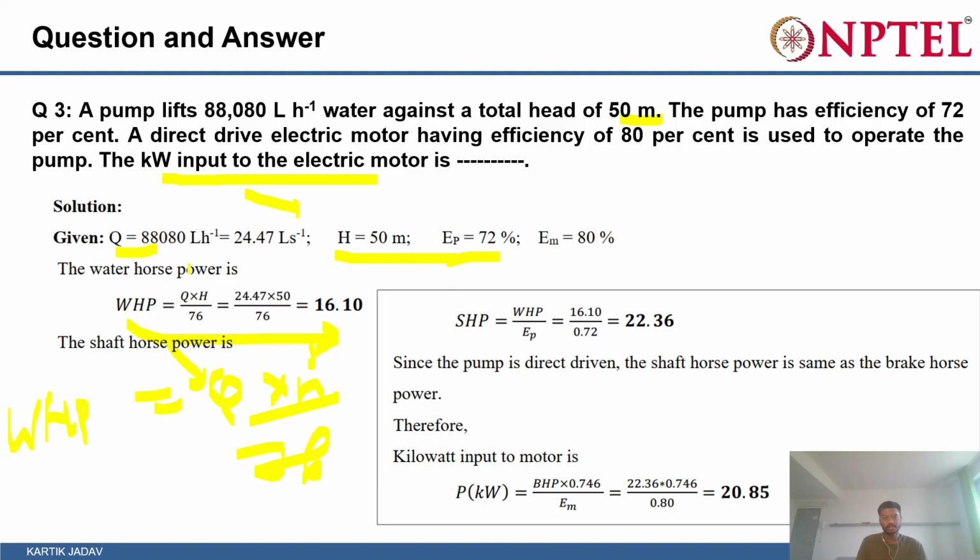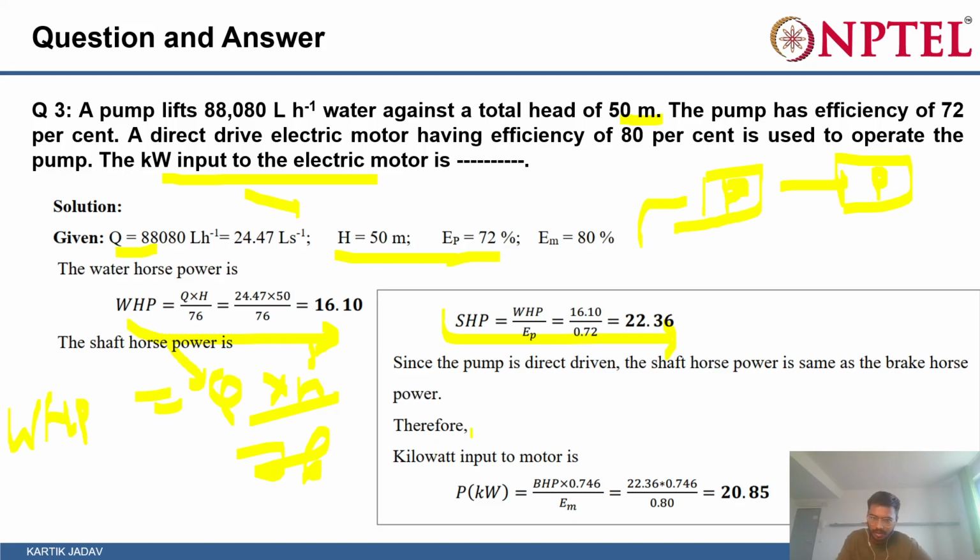And we divide this water horsepower by pump efficiency, because first the pump will take water out, then the motor is there, right? So to get the brake shaft horsepower, we need the water horsepower divided by pump efficiency. So shaft horsepower must be equal to 22.36 horsepower. Since the pump is direct driven, shaft horsepower is the same as brake horsepower.